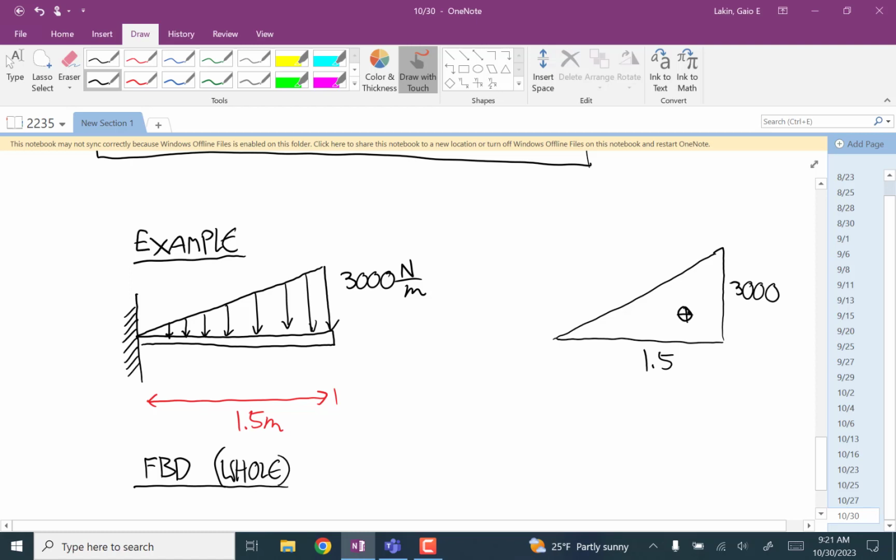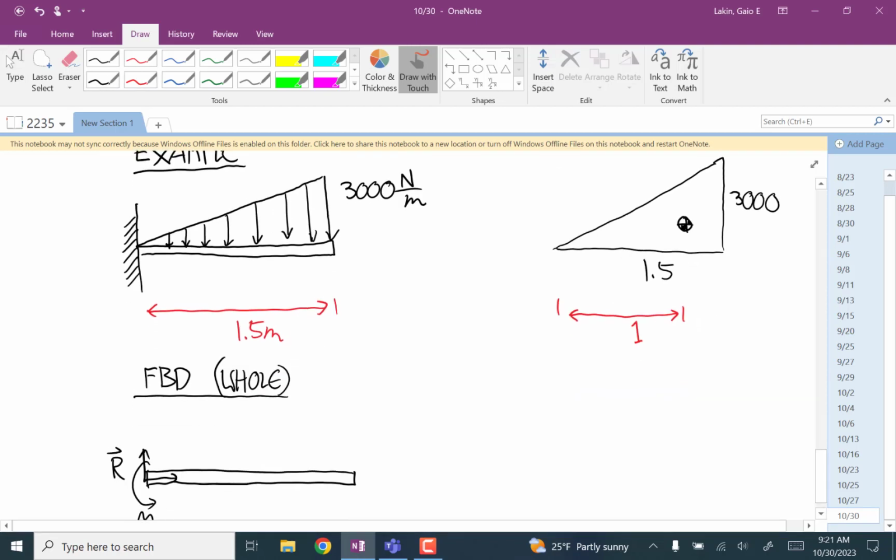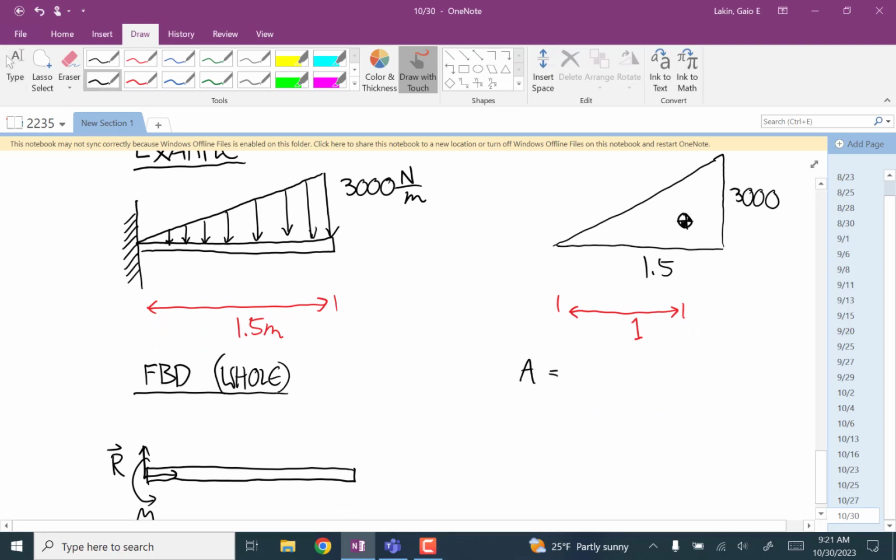The centroid is a third of the way from the perpendicular side going towards the point. So this distance is 1. The area is 1.5 times 3,000 divided by 2. And so that is 2250.